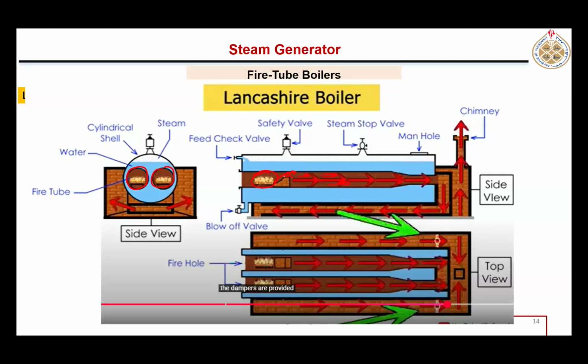Here you see that bump or hump, which will ensure that gases are traveling in this particular direction. They will not go back. That's why this hump is provided. Here these are surrounded by liquid water, and whatever water is evaporated will leave from here. Sorry, that is the stop valve. That is the safety valve to monitor the pressure.